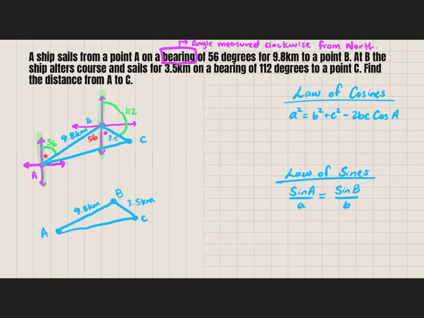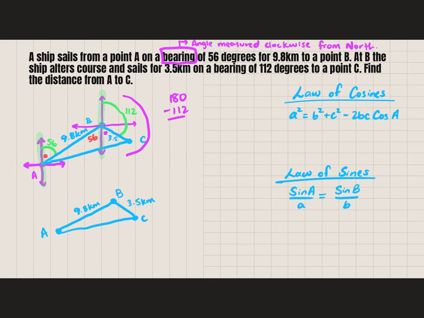Fortunately though, I can get that real quick because I know the entire side down the right-hand side would total 180 degrees because it forms a straight line going from north directly south. And I know part of that angle is 112 degrees.